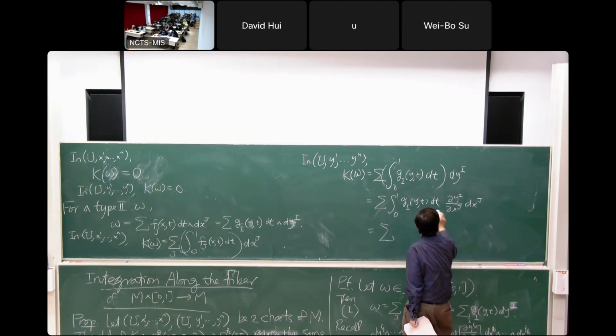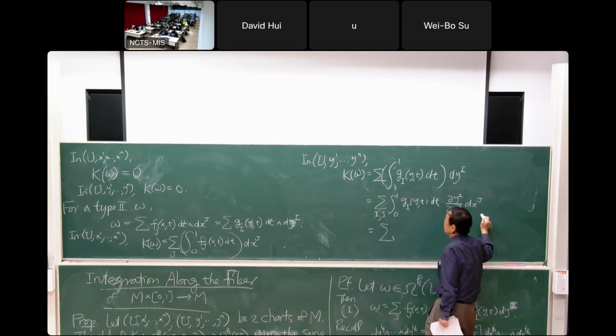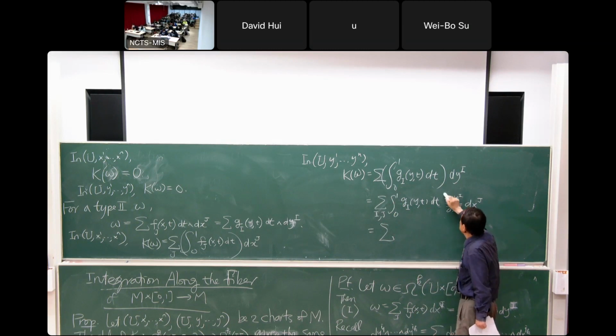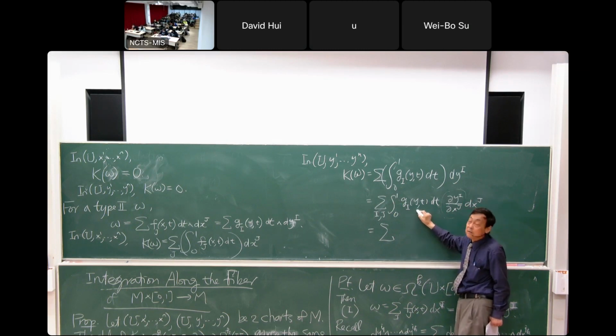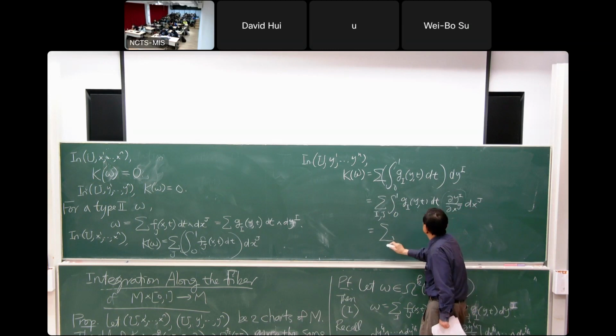This is a sum over i and j. And now because this determinant does not depend on t, I can bring it inside the integral. Okay.